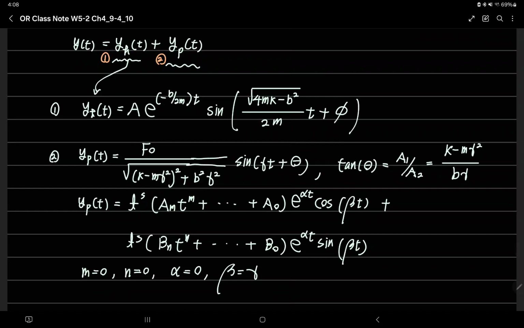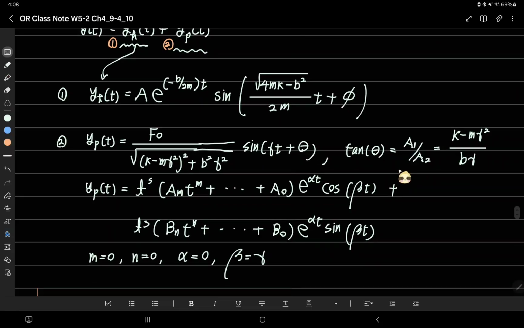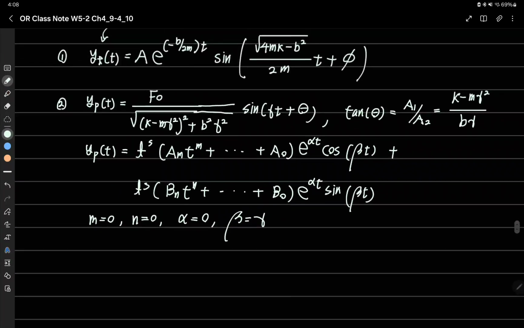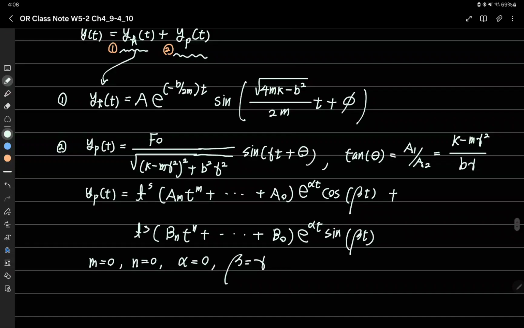Here A1 and A2 come from the undetermined coefficients.